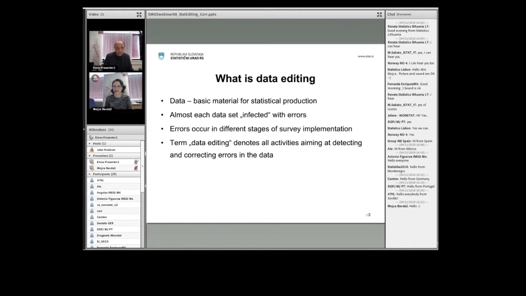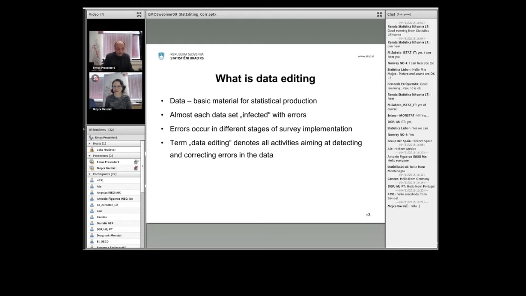Perhaps just to mention, we should refer mostly to official statistics. Why is data editing especially important in the field of official statistics? I see at least two reasons. On one hand, we all know that the requirements for accuracy and reliability in official statistics are very strict. We make official figures, so our responsibility is that the data are as accurate as possible.